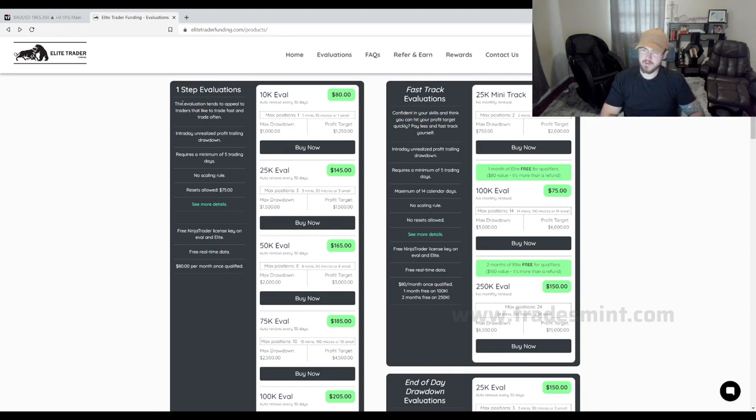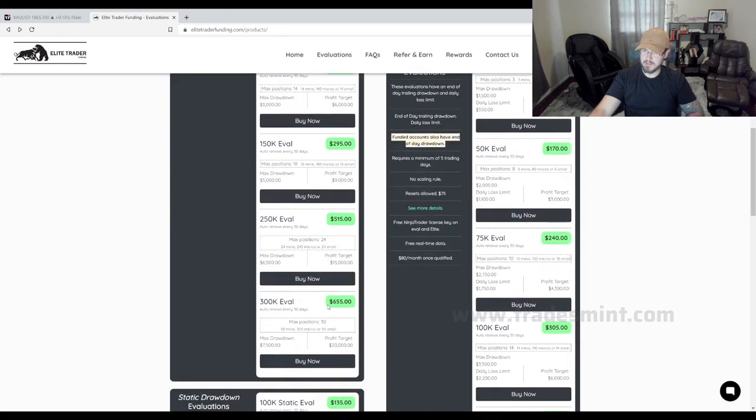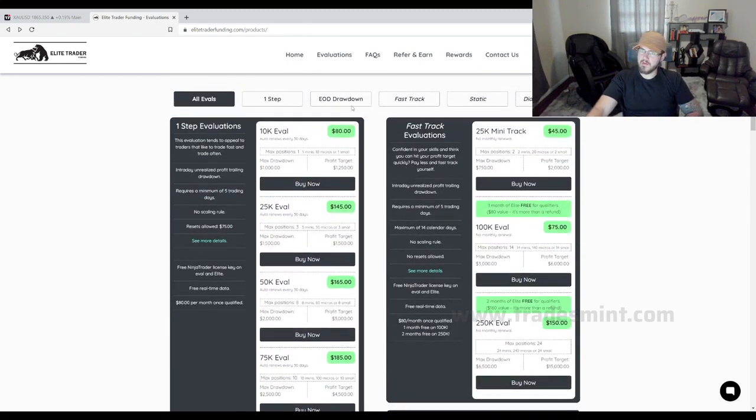I guess the 1,400 is a little more expensive than this one, but it's really not, because if you're paying $655 a month, with really shitty challenge rules, it doesn't make sense to me. And it's with a broker that is, from my understanding, not as renowned, so to speak.